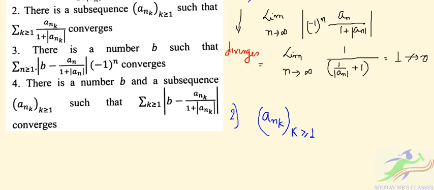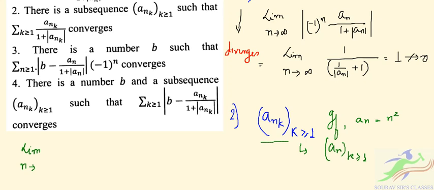So if we consider a_n equal to n squared, then for any subsequence a_(n_k), where k is greater than or equal to 1, the limit as n tends to infinity of a_(n_k) is equal to infinity.